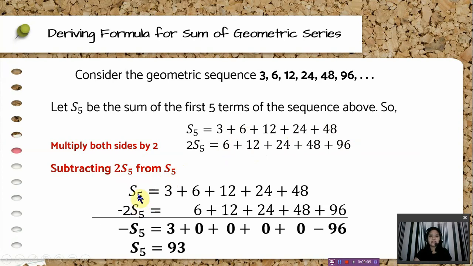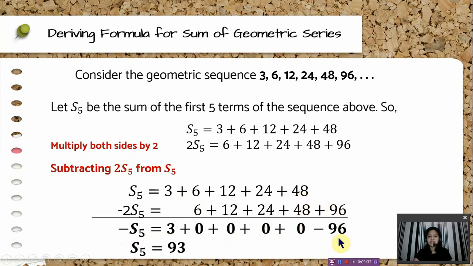We would get S sub 5 minus 2 S sub 5, that is negative S sub 5. 3 minus 0, that is 3. 6 minus 6 is 0. 12 minus 12 is 0. 24 minus 24 is 0. 48 minus 48 is 0.